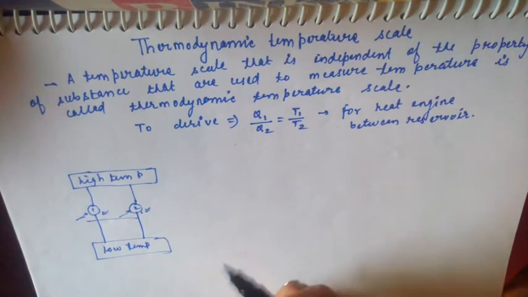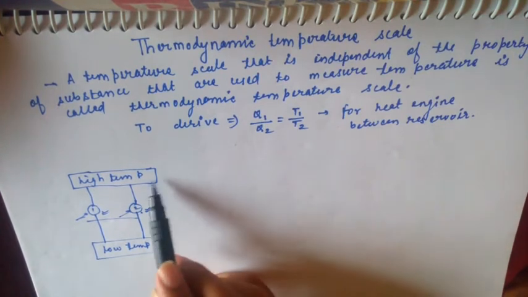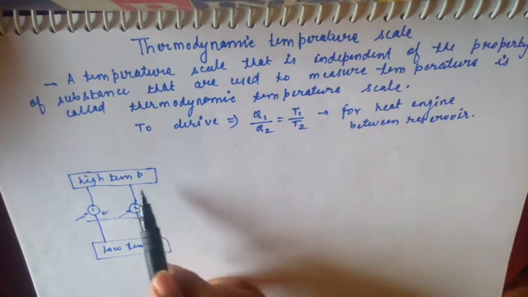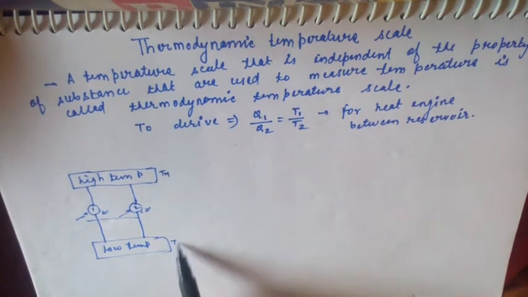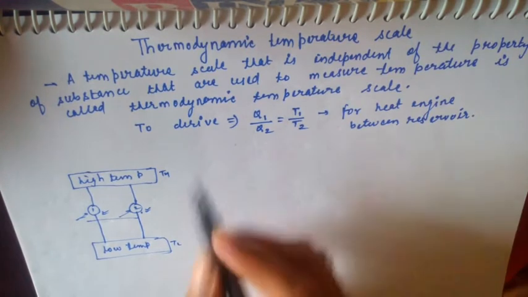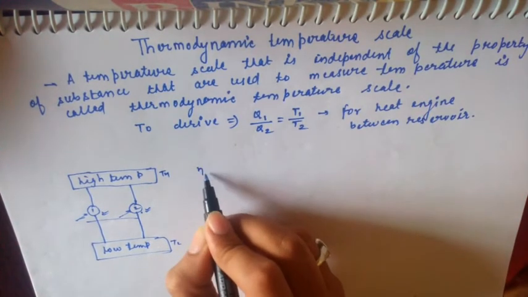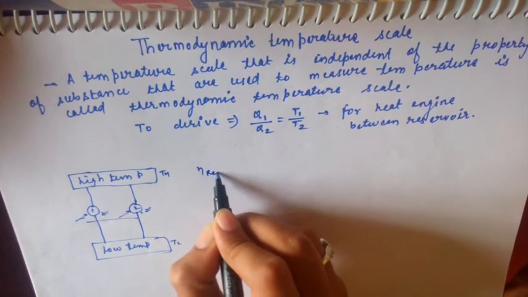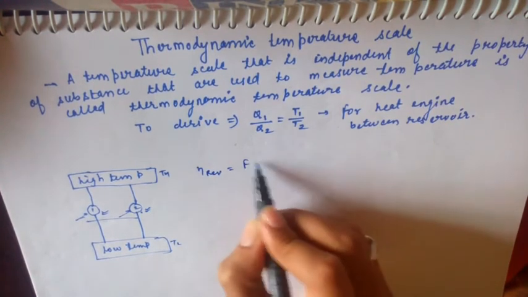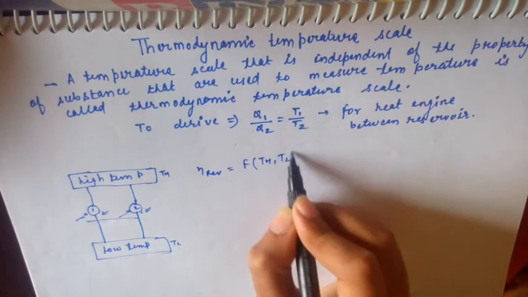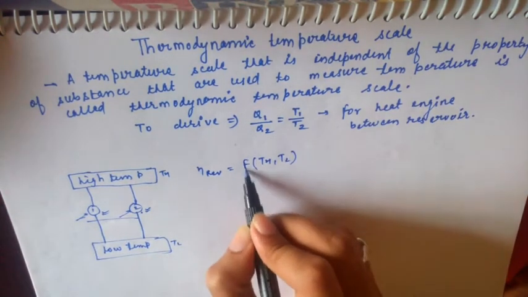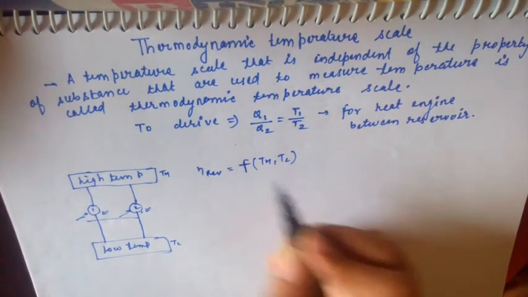So if efficiency is independent of all these things of the heat engine, the thermal efficiency would be some function of the temperatures Th and Tl. So we can write the efficiency of a reversible cycle is equal to some function of Th and Tl, say small f.